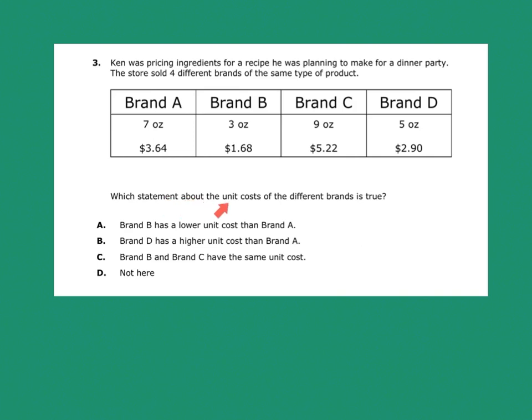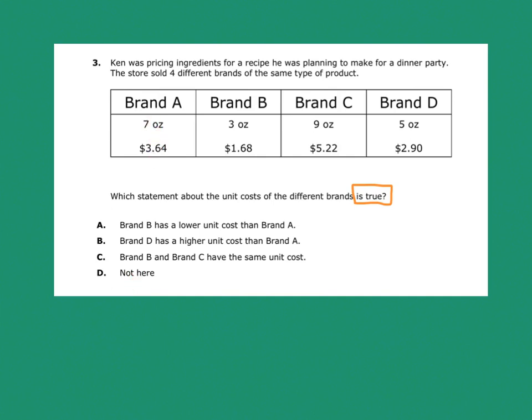Which statement about the unit cost of the different brands is true? I'm looking for which one is true. Our answer choices say B is lower than A, D is higher than A, B and C are the same, or none of these statements are true.